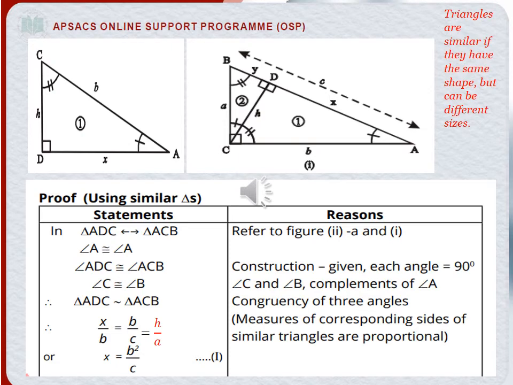So I can write here base upon base, that means x upon b, perpendicular upon perpendicular, that means h upon a, hypotenuse upon hypotenuse, that means b upon c. So I have written here three fractions and I need only these two, x upon b and b upon c. After cross multiplication I have obtained this result, that is x equal b square upon c, and I labeled it as equation number 1.